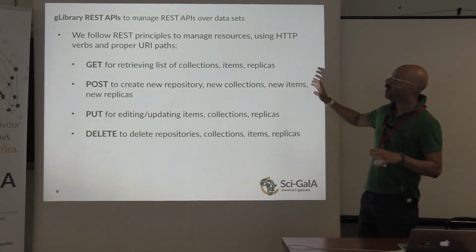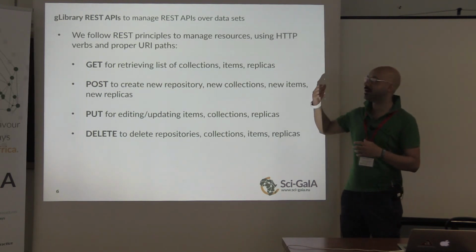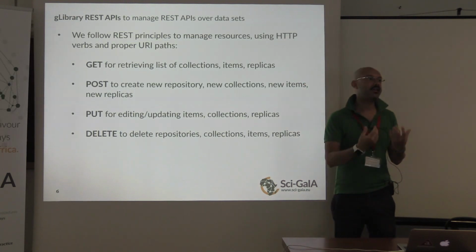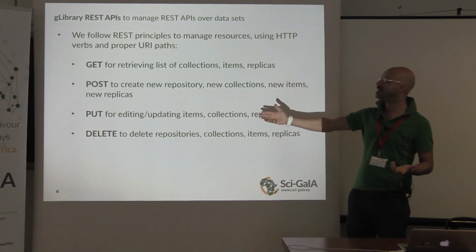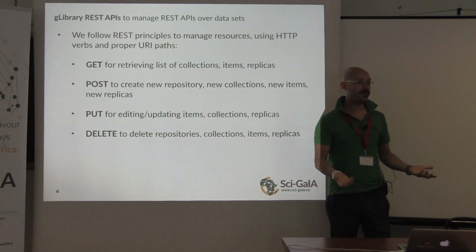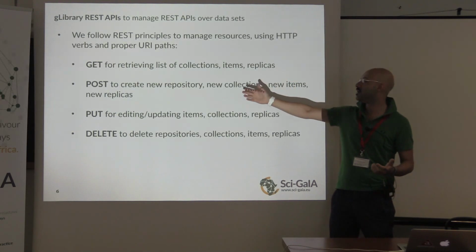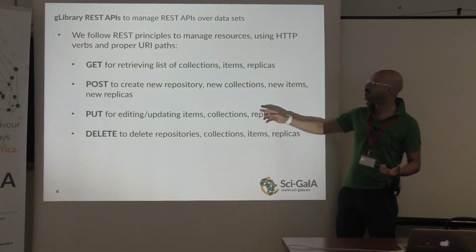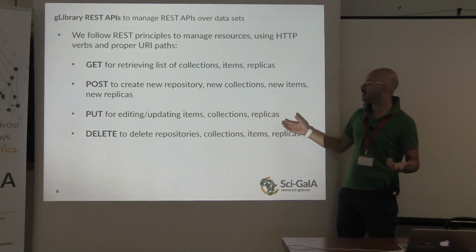When we need to access GLibrary resources like collections, items, and replicas, we use the HTTP verbs. We use get, post, put, and delete for the CRUD operations. Post creates something new, like a new repository, a new collection, a new item, a new replica. Put is for editing and updating, for collections and replicas.